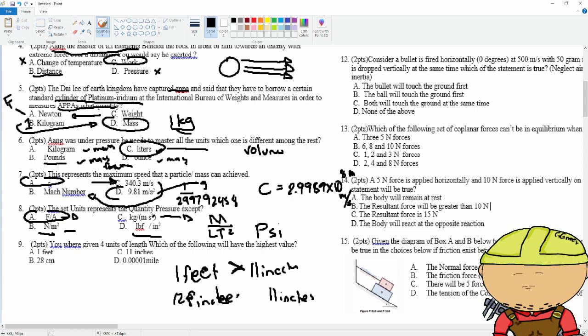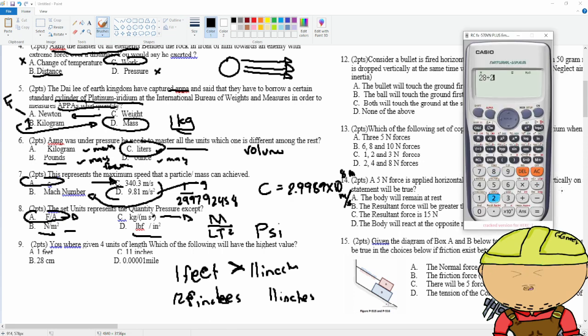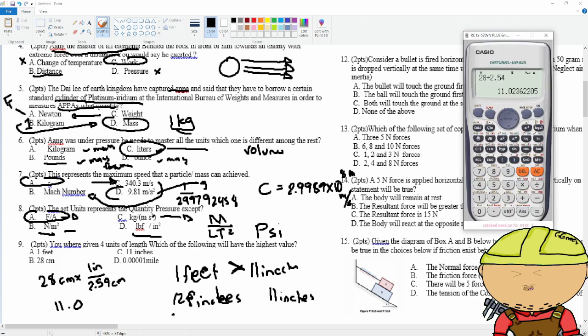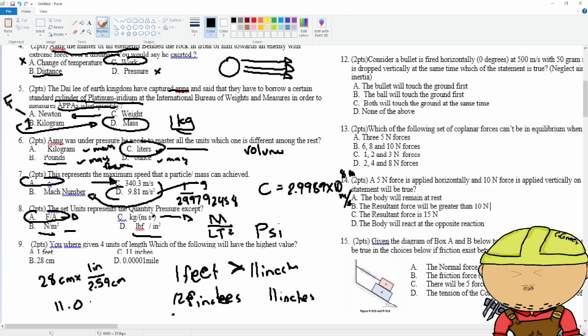Thank you so much. 28 centimeter conversion. 1 inch is 2.54 centimeter, and that will become 11.0236 inches, meaning feet is still winning.